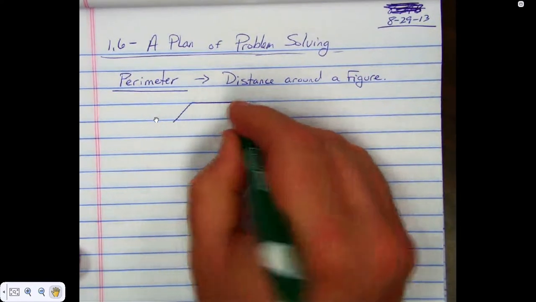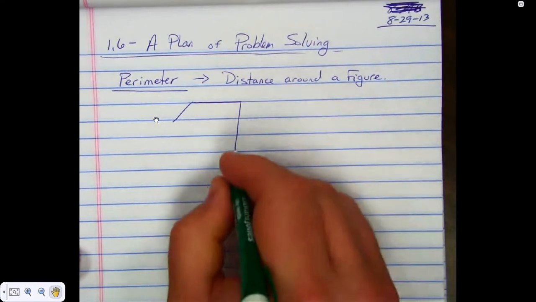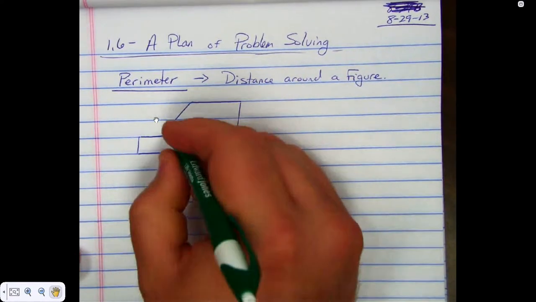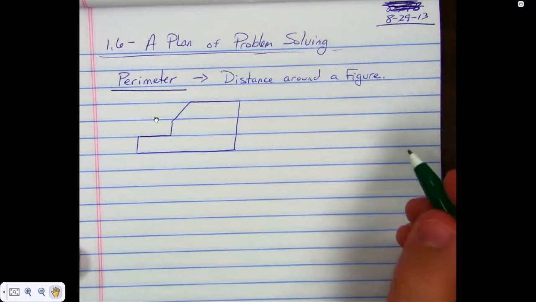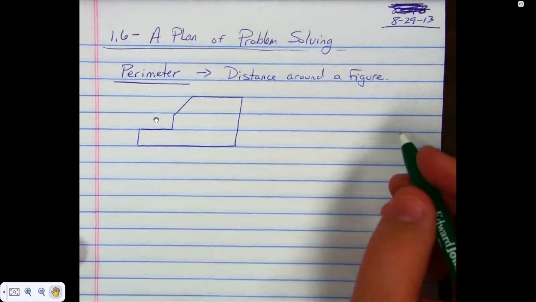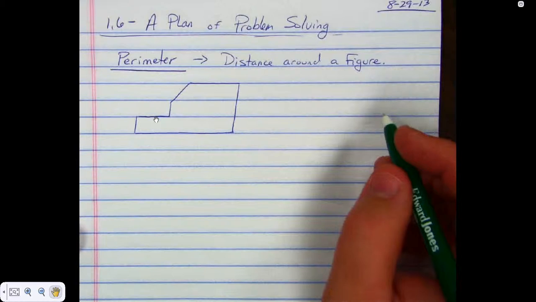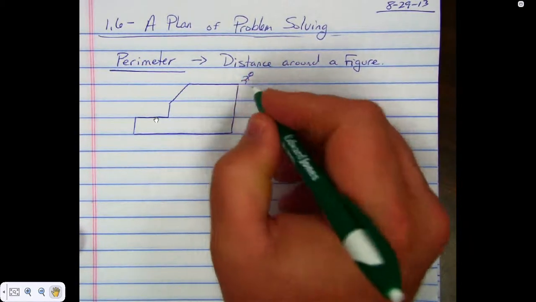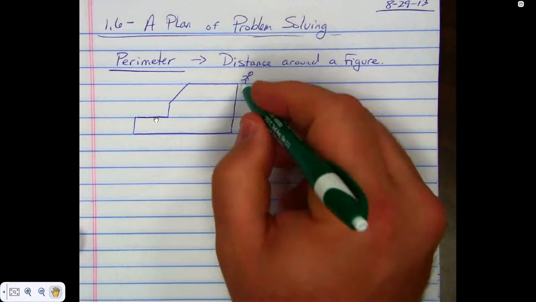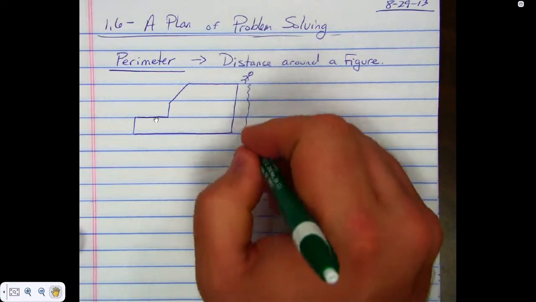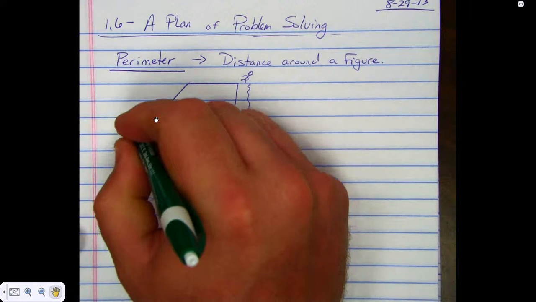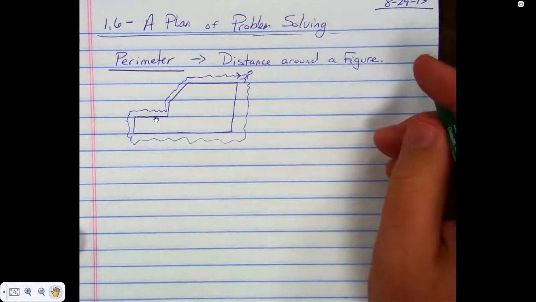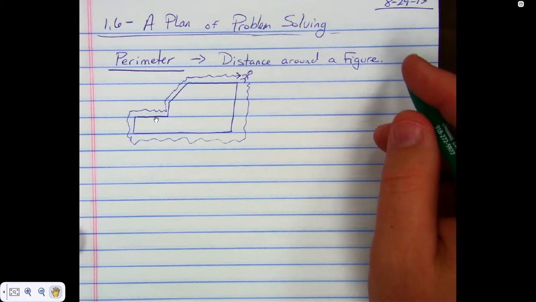I'm going to draw an oddly shaped figure. The perimeter is simply, if Court was standing right here at this corner and walked all the way around, always staying on the outside of the figure, the distance he walked is the perimeter.